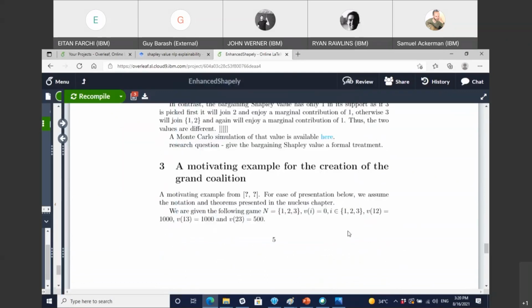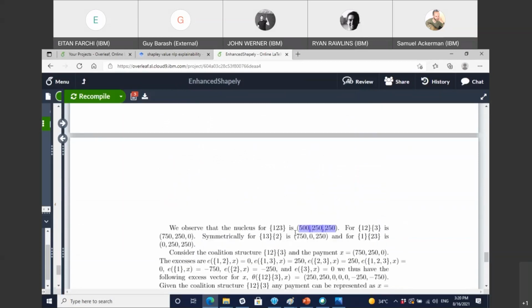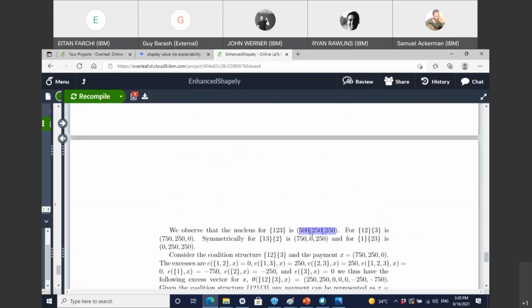1,000. And how much are they making in this payment, 1 and 2? 750. Right. So what is the excess?